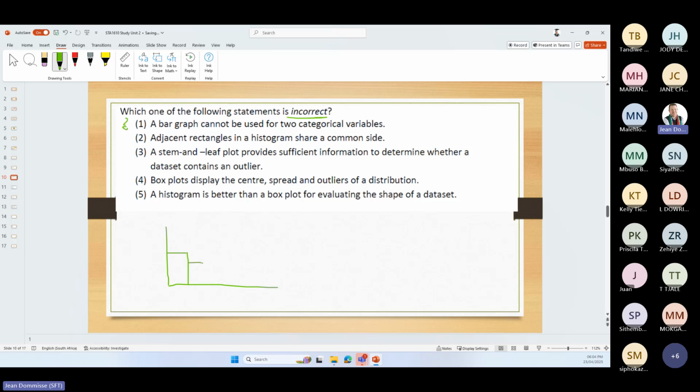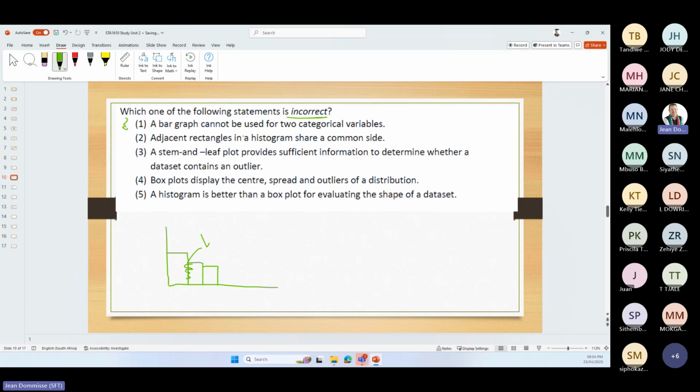All that they are referring to is adjacent rectangles in a histogram share a common side. That is what they're sharing. So yes, it's true. Okay, so adjacent just means next to each other.